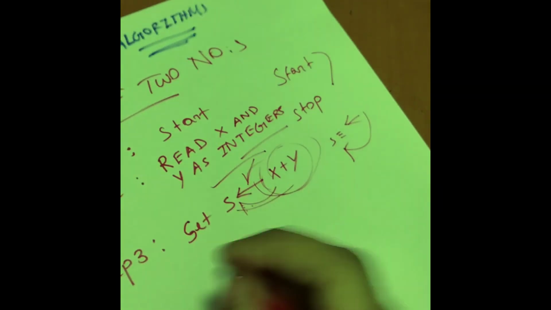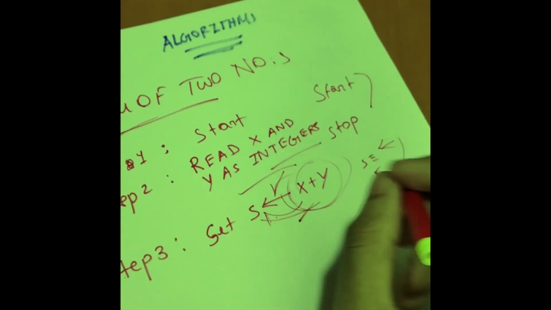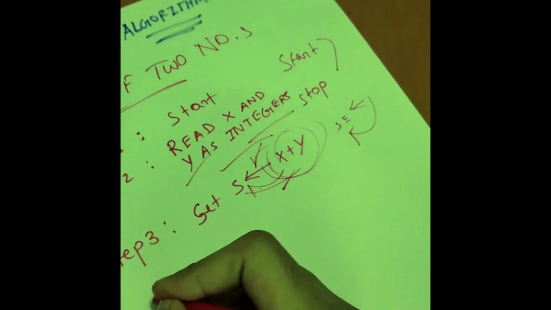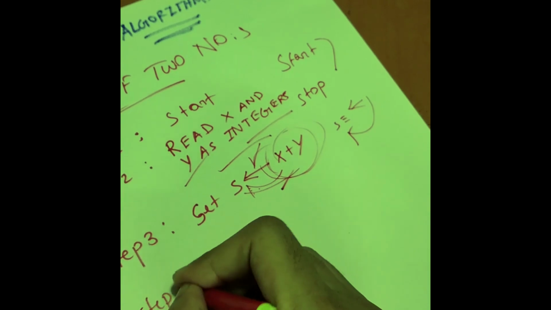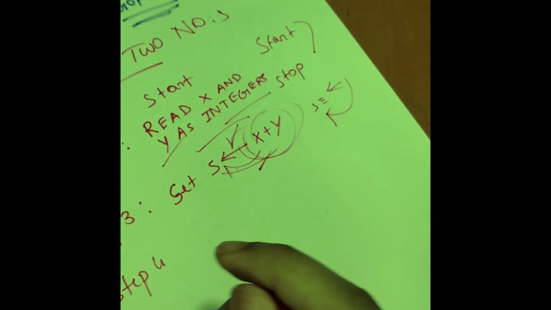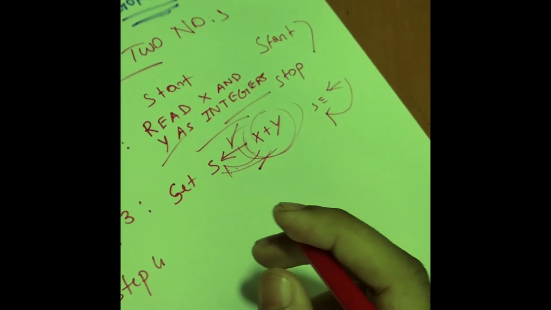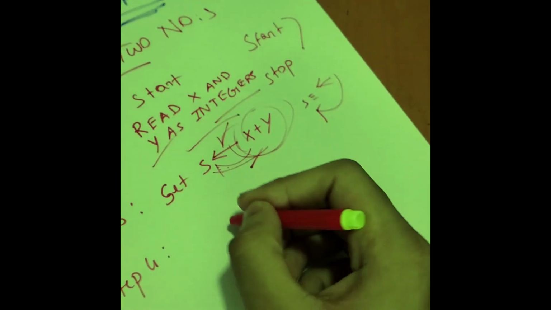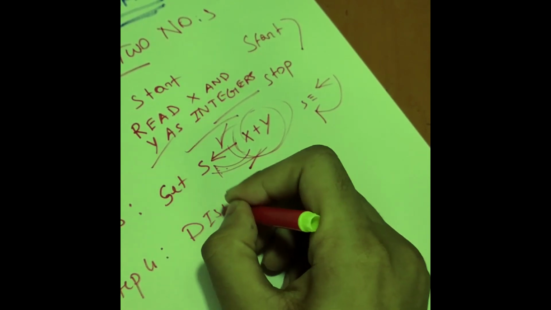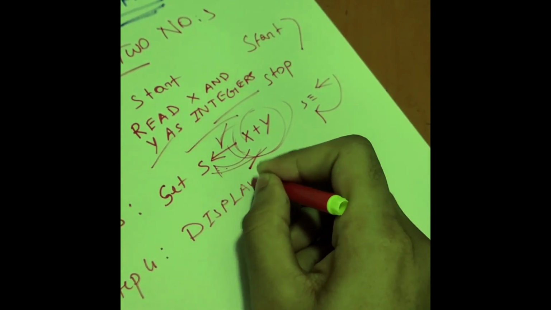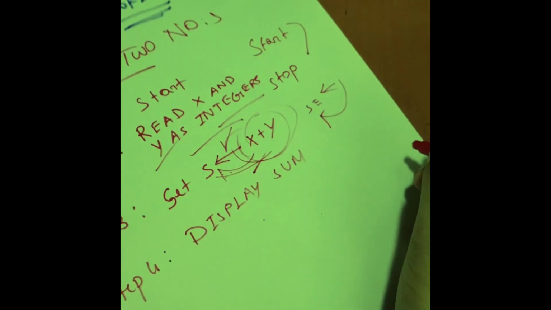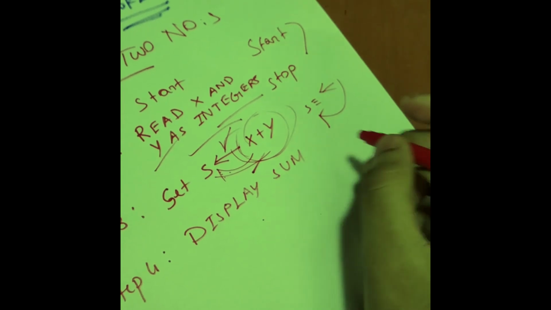What is step 4? The sum is done, input is done. So what are we left with? We are left with obviously displaying the sum, else how would I see what the result was? So display sum, or you can write print sum, anything.